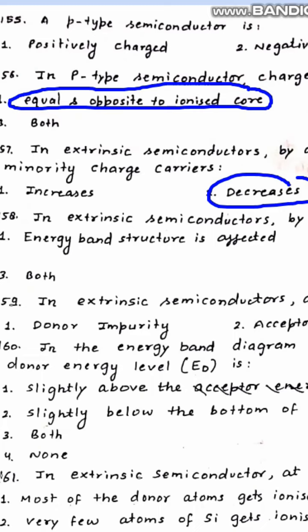Next is in extrinsic semiconductors by doping energy band structure is affected. Obviously energy band structure is affected.